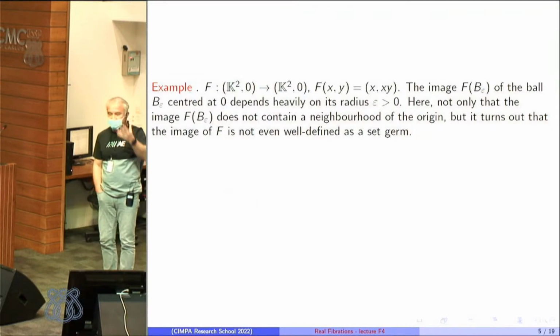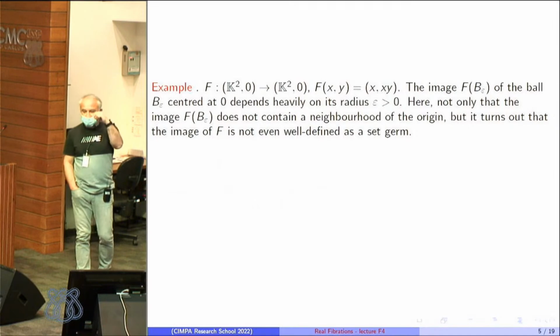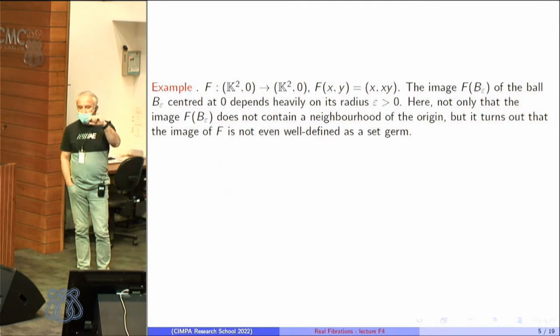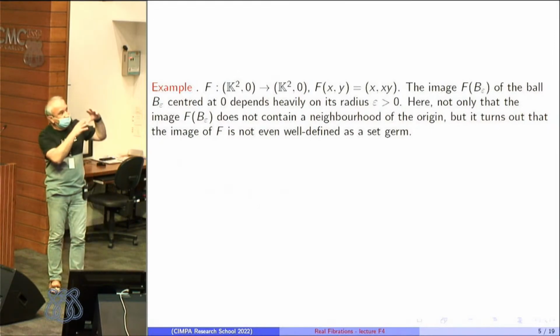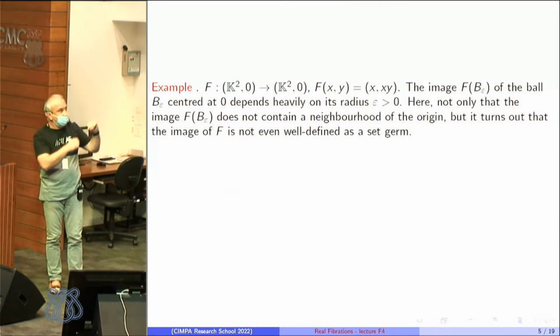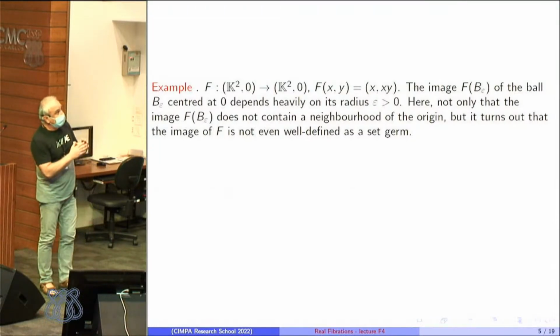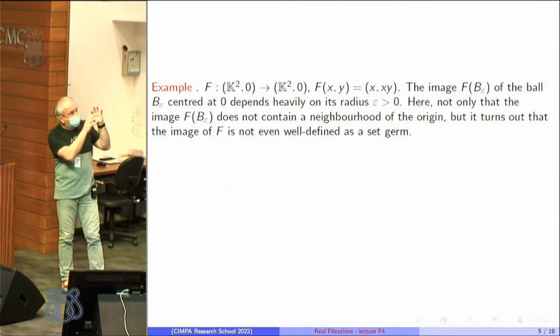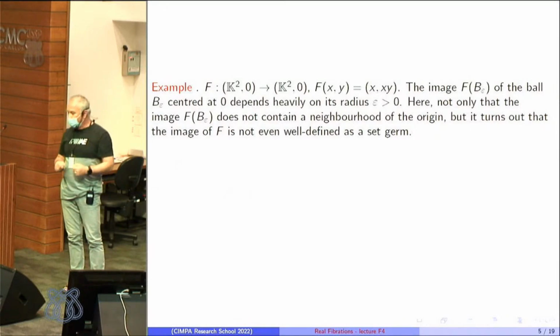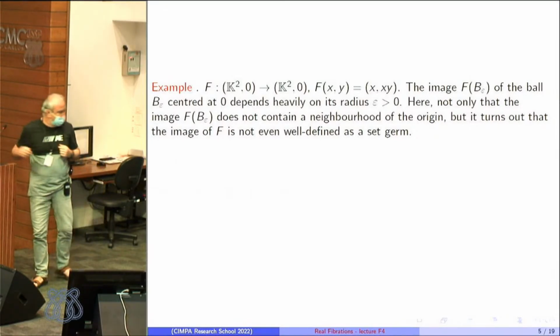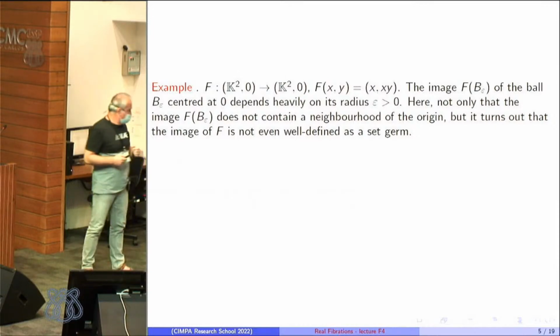More than that, Bruna drew a picture, and in that picture there were two colors, one green and one pink, if you remember, where she looked at the behavior of this map. For this map, we cannot define the image of the germ of the function. And again, we had the picture. Okay.